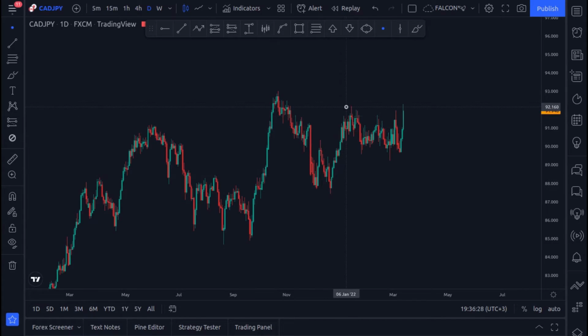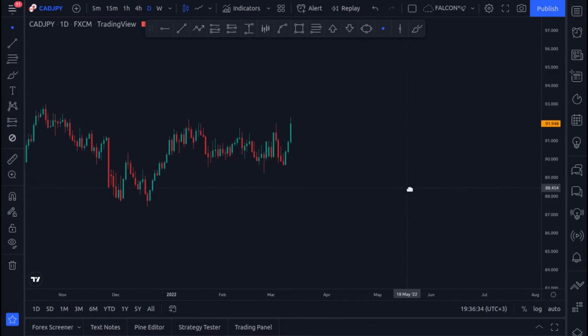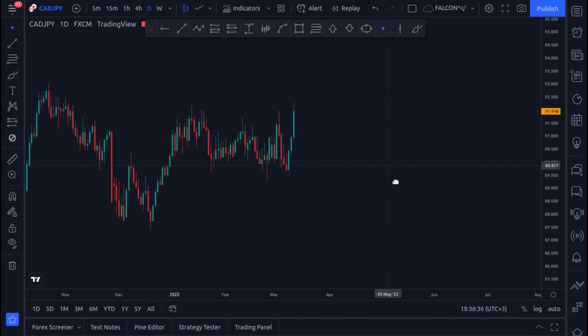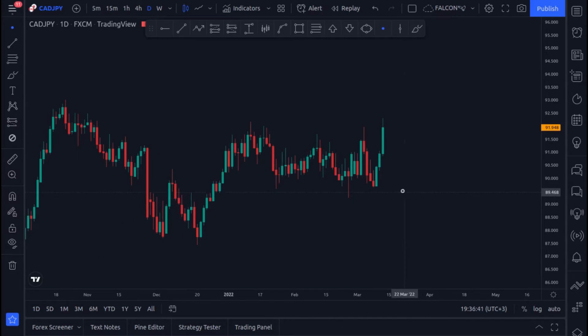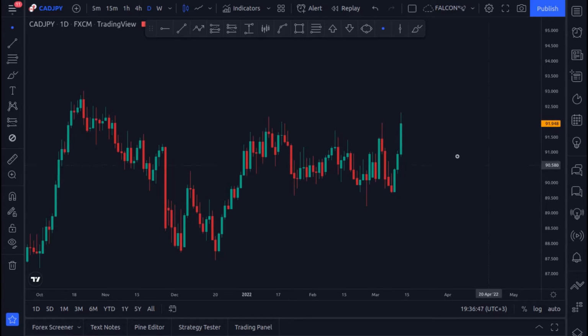We made again a small impulsive move to the upside and another correction. Okay, so currently I'm seeing very big green candles, indicating that the correction has already ended. Okay, so let's draw this pattern over here.